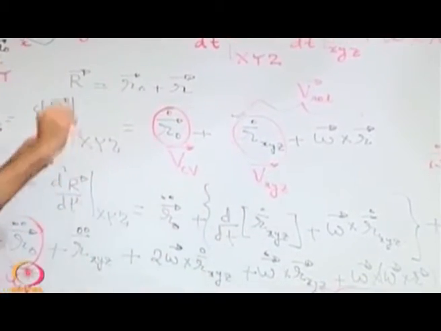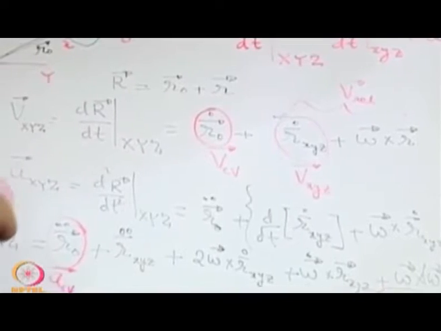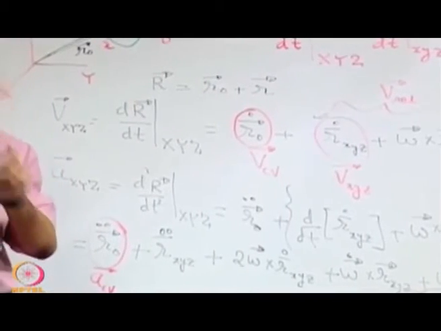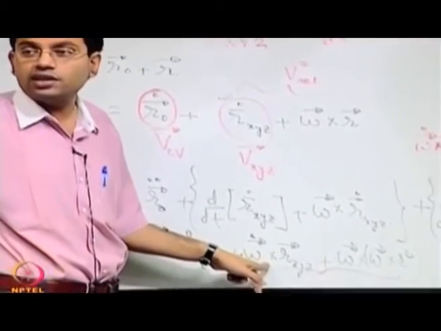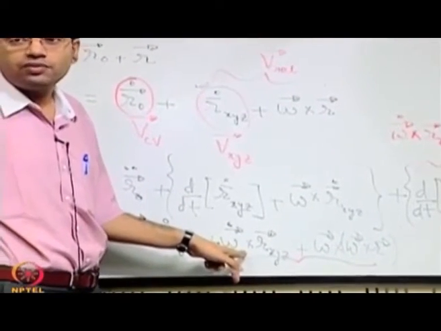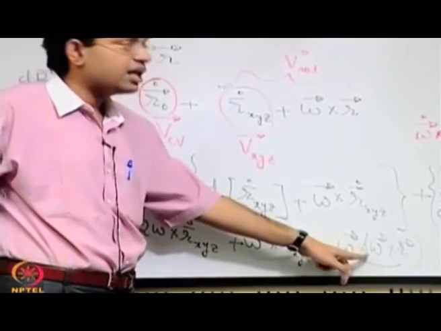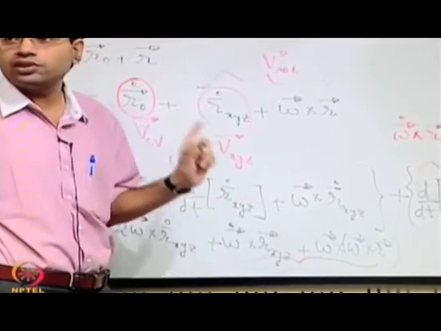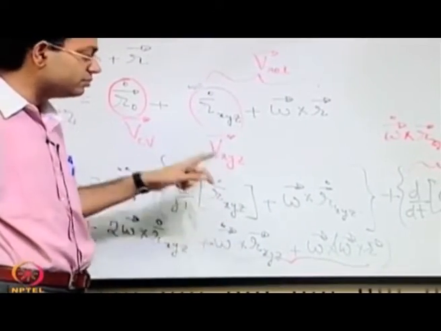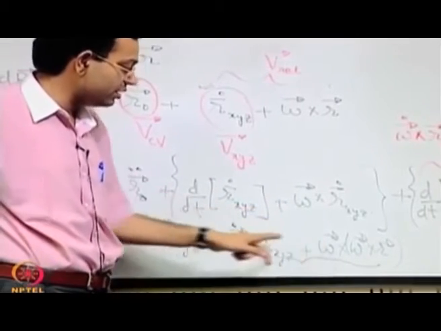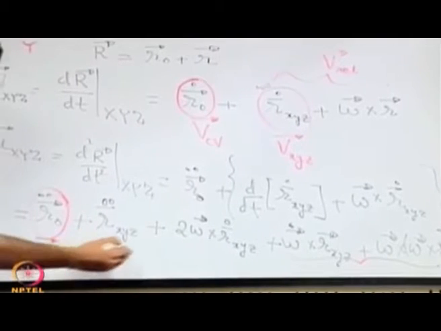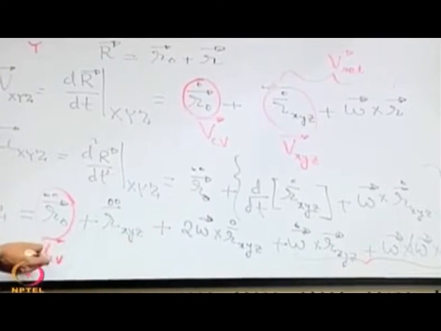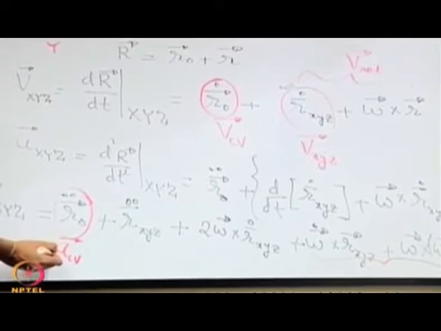If you have even a fixed vector, because of the rotation, that vector is getting changed with respect to time, and this is directly because of the angular acceleration of the reference frame. So these are directly as a consequence of the angular motion of the control volume.